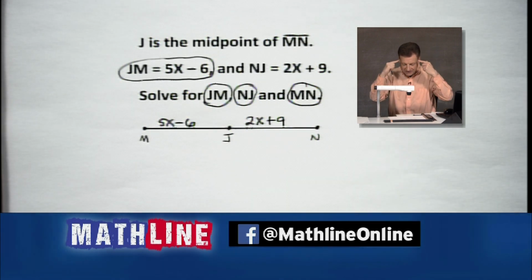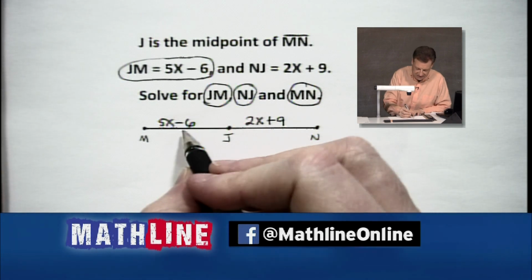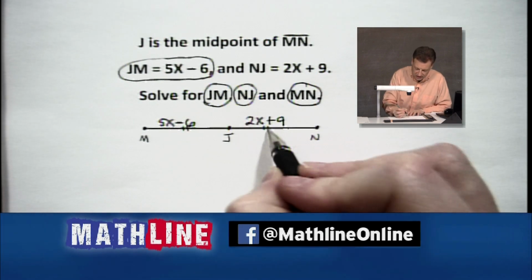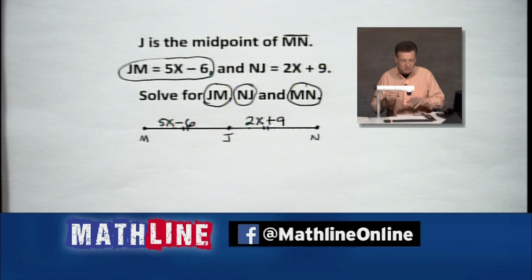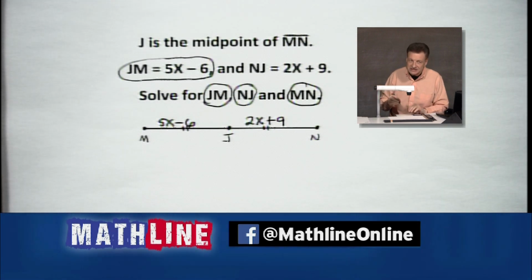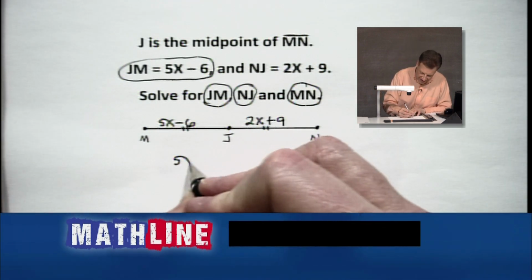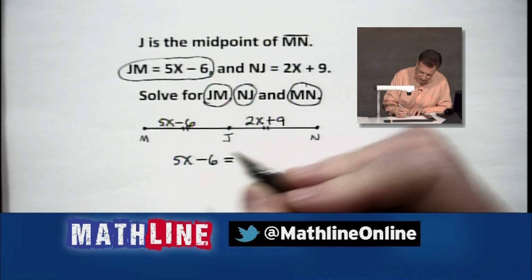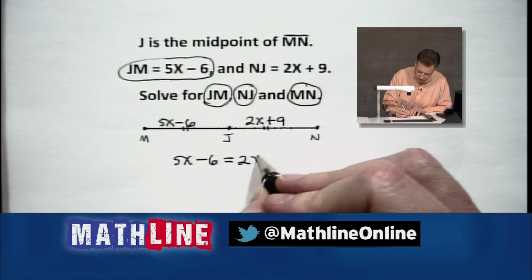So by definition, midpoint divides these things into, yes, congruent segments, which means they have the same length, which means when it's time to set things equal, oh, did I say set things equal? We're going to set things equal. How about it? 5x minus 6 collides over there with 2x plus 9.